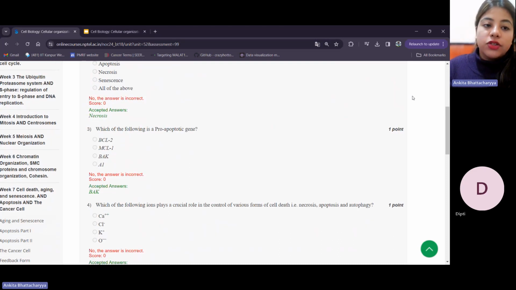So coming to question 3, which of the following is a pro-apoptotic gene? So we had seen that there is a family of pro-apoptotic and anti-apoptotic proteins that have been identified, and that are well studied and well characterized into these two groups. An imbalance of these factors is eventually what pushes the cell towards the process of death.